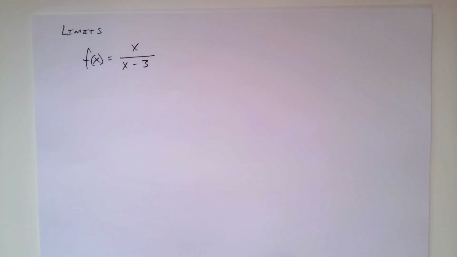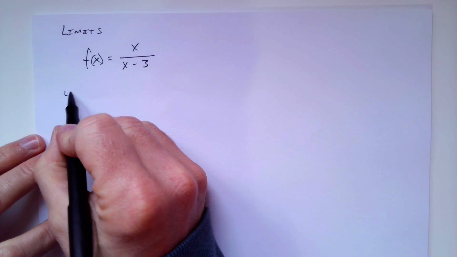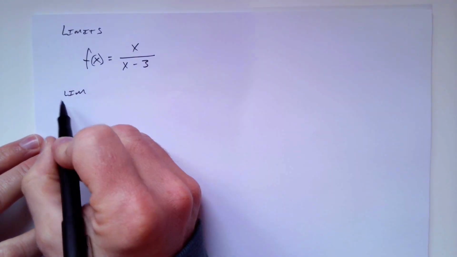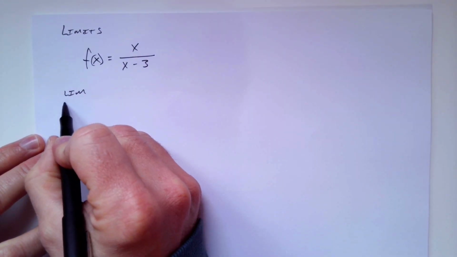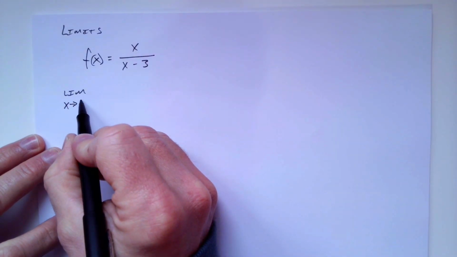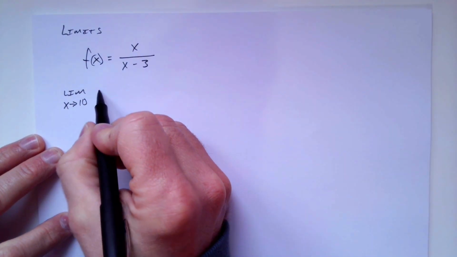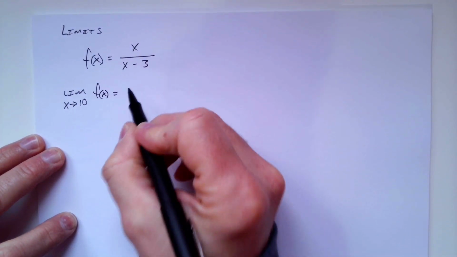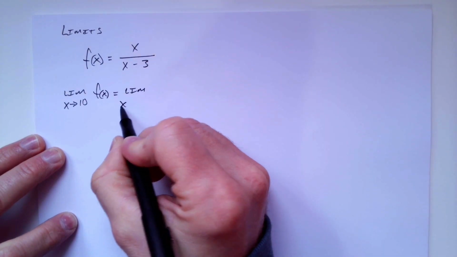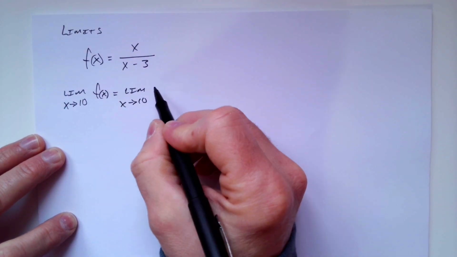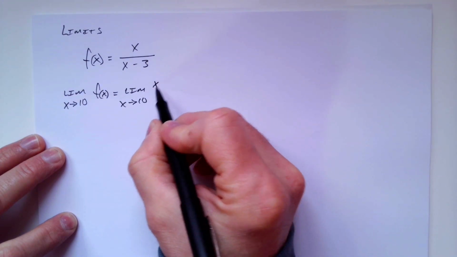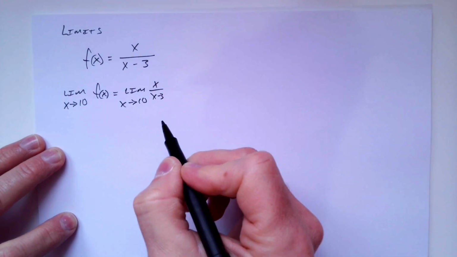We can look at lots of different values, so let's start with something simple, like the limit as x goes to 10 of f of x, which is the same thing as saying the limit as x goes to 10 of x over x minus 3.